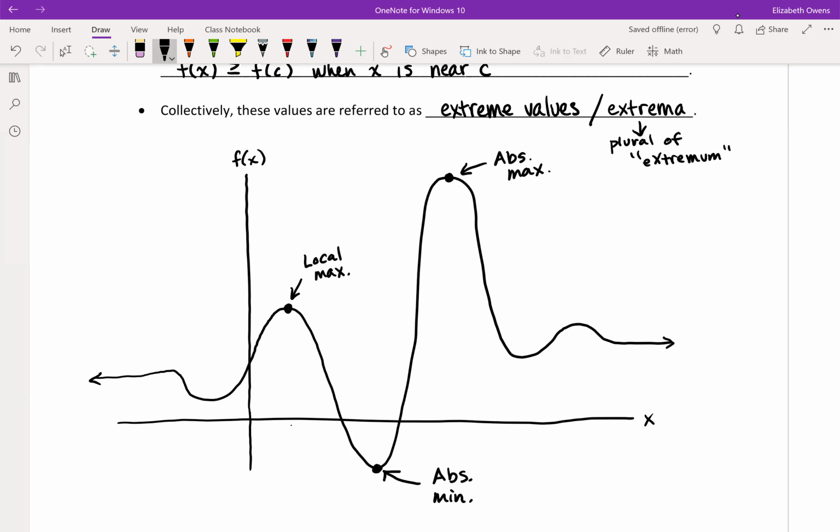Okay, speaking of extrema, let's label our other ones on this funny function here. We've got our local max labeled right there. We've got our absolute maximum for the whole function up top there. Absolute minimum, the lowest thing on the whole function, down there. And then a couple other ones right down here, at the bottom of that valley of the function. What would that be, do you think? For those of you on the live session, what does that look like?